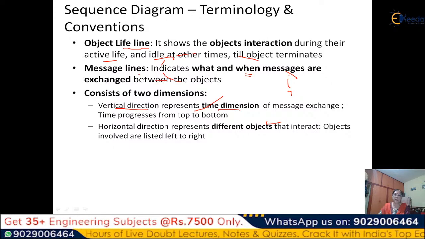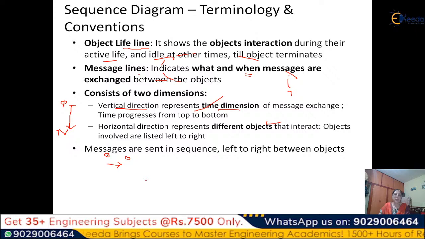That means the time will progress from top to bottom. So this is the 0 time and this is the nth time. And the horizontal direction will represent the different objects that will interact. So you will have an object here, and here you will show the interaction between the objects. Messages are sent in sequence left to right between objects.